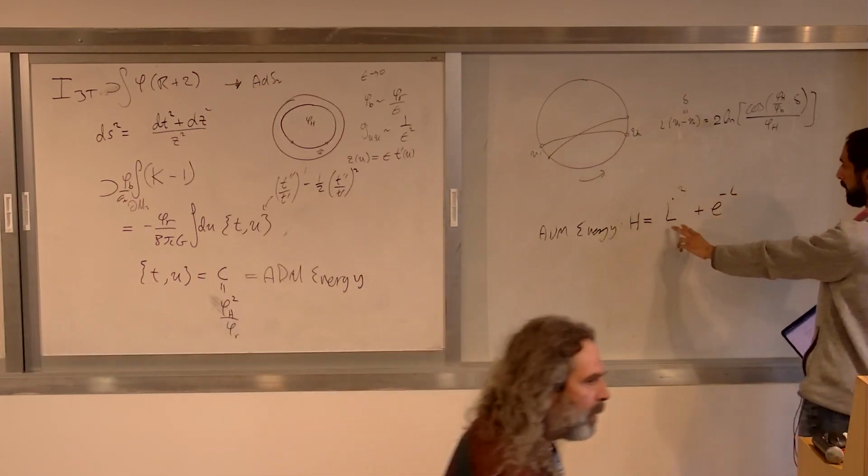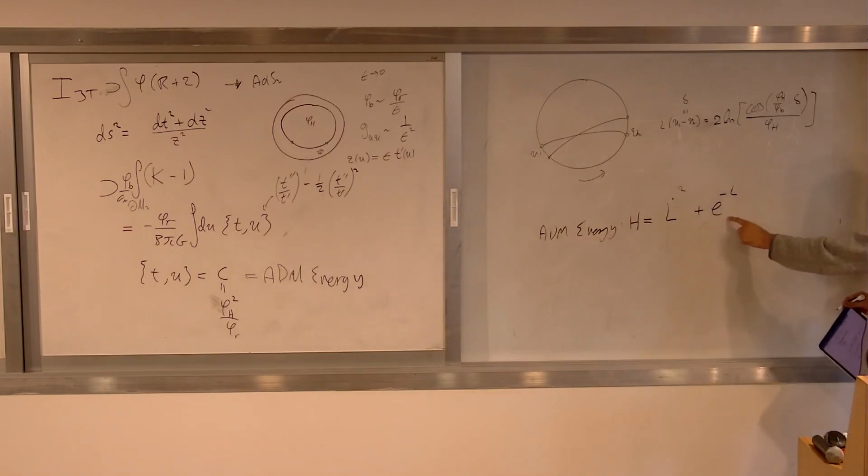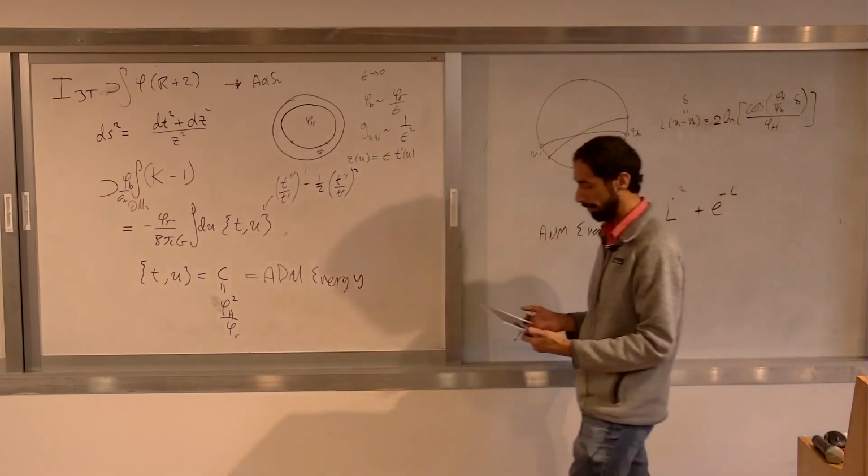It has L dot squared plus the usual Liouville potential term. Okay, so that's a quick recap of JT gravity.